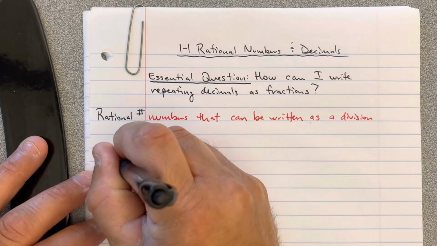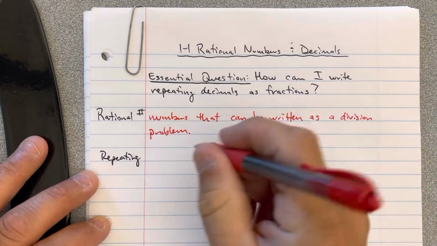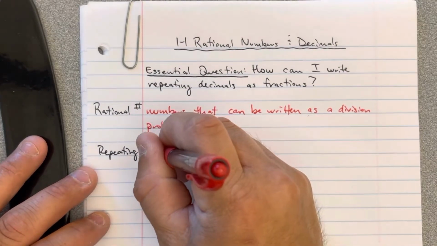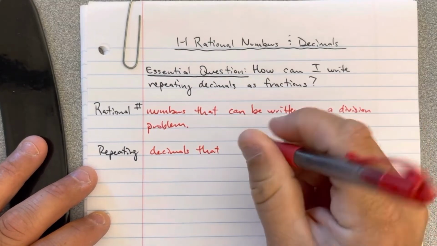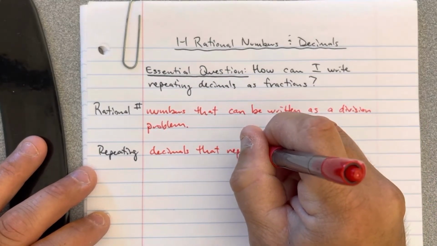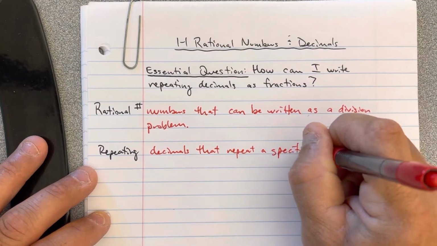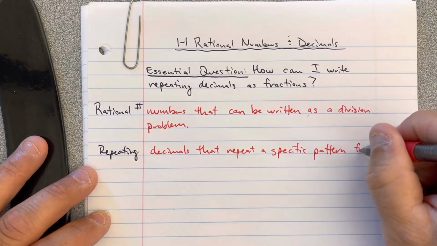Repeating is another term. In terms of what we're working with now, repeating means decimals that repeat a specific pattern forever.